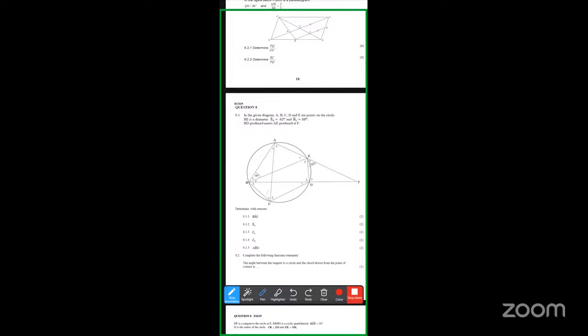Because we need the reason behind the statement. So why are you saying angle C1 is equal to angle E3?